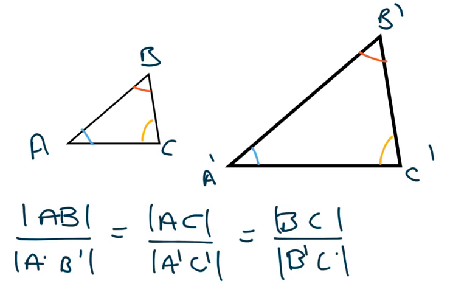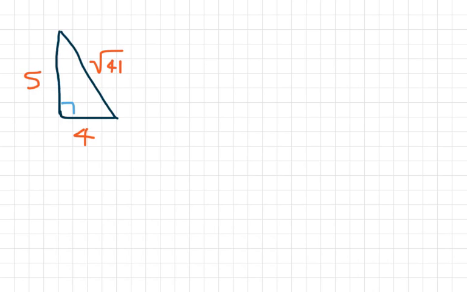Let's take an example then. Okay, we've got a nice right angle triangle, and what we're going to do is make another similar shape to this one. We're going to multiply the lengths of the sides by 2. Just to make it nice and easy, let's see if I can count these squares. 3, 4, 5, 6, 7, 8, 9, 10. Does that look right? No, I think I've missed one.